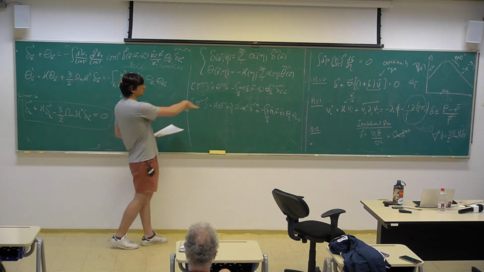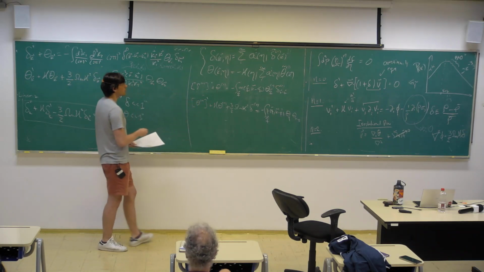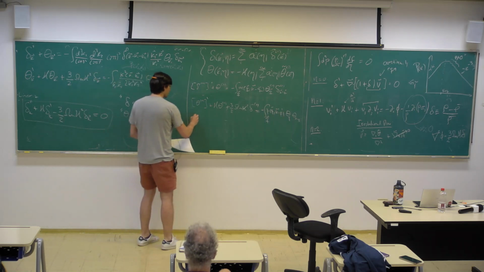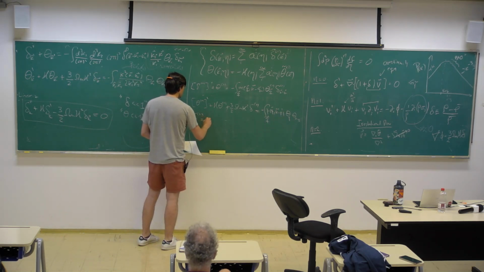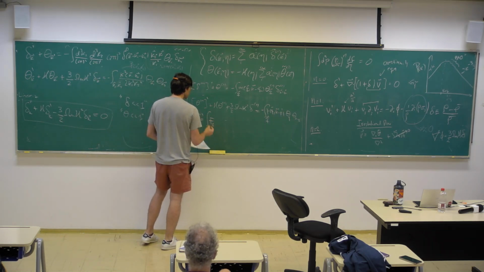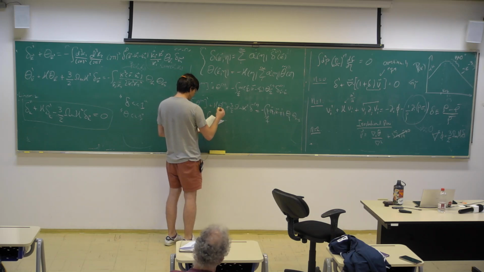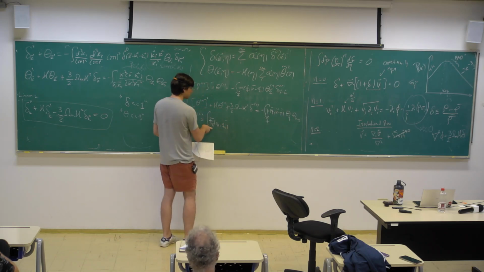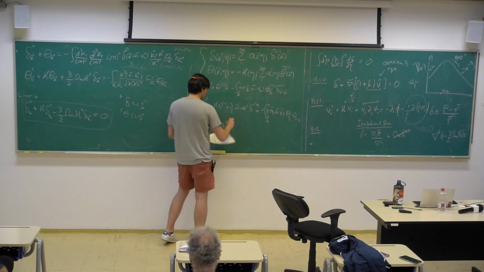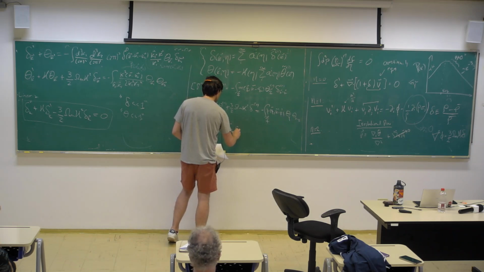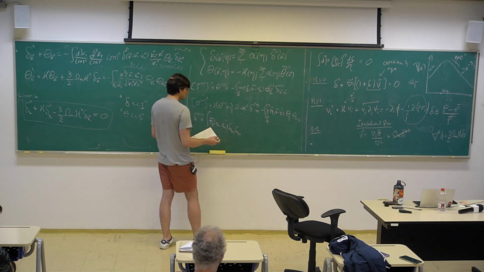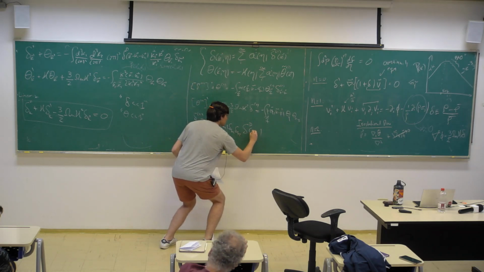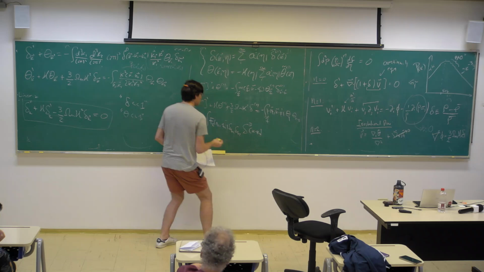And so I have these equations, and now what I'm going to do is search for solutions. I'm going to plug in solutions that look like some kernel F2(q1, q2), which couples two momenta, times delta(q1) delta(q2), and some momentum coupling.